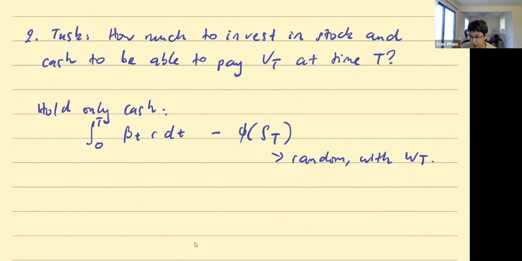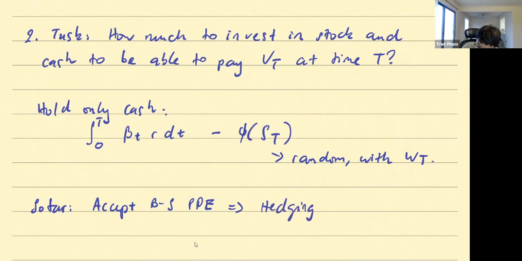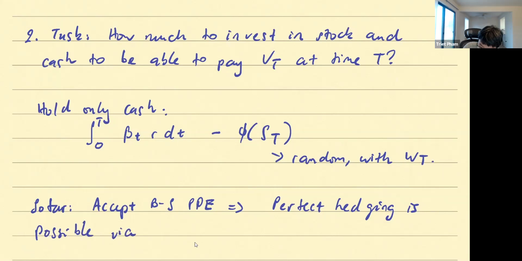What I've been discussing so far is: accept the Black-Scholes PDE, show that the hedging portfolio, perfect hedging, is possible via delta hedging. But this is in theory only, theoretically. In practice, there are many things that we need to consider.